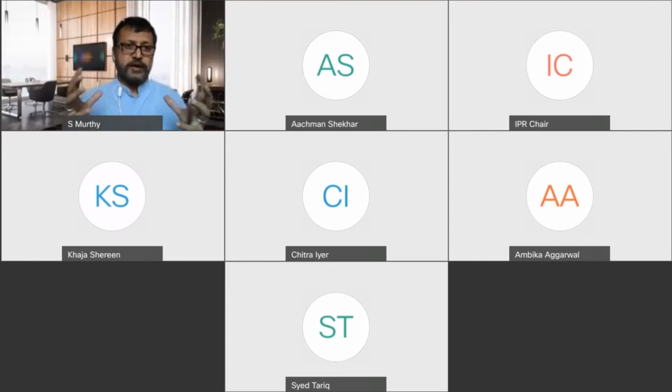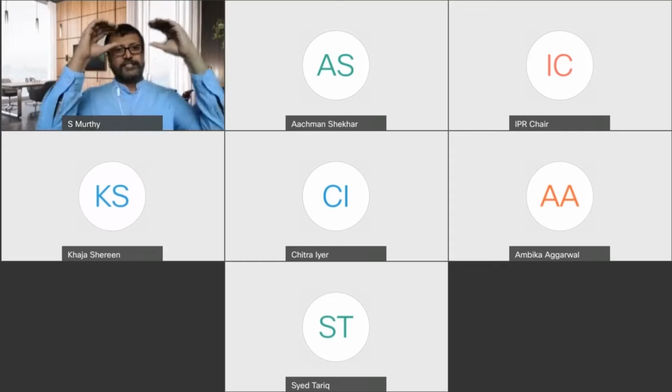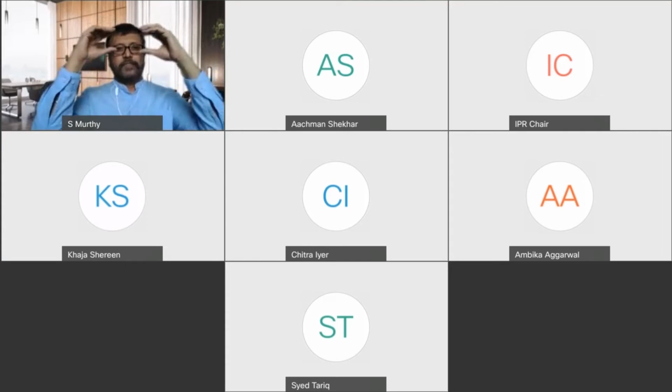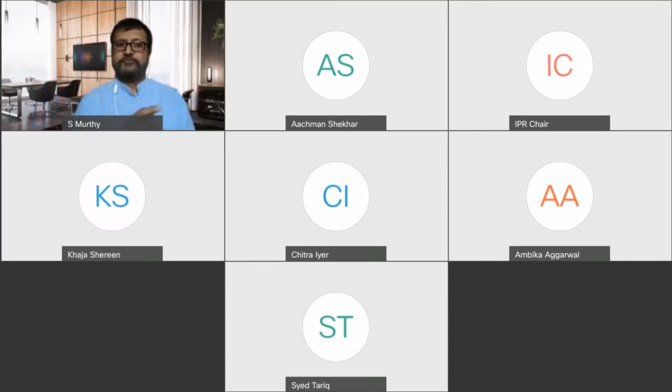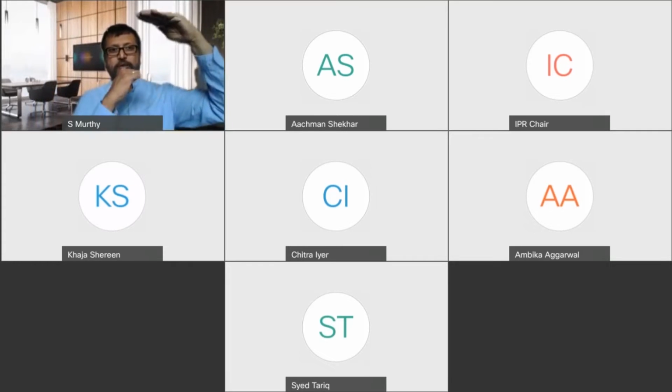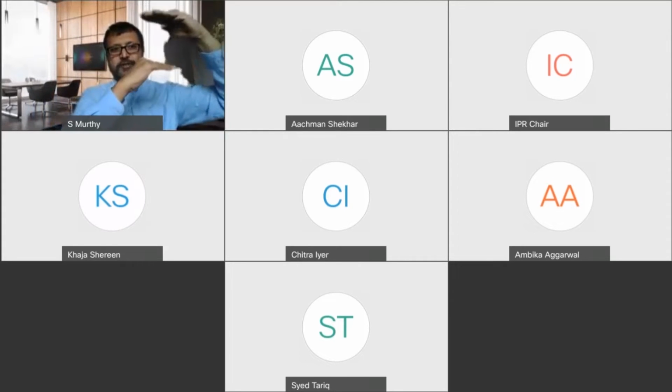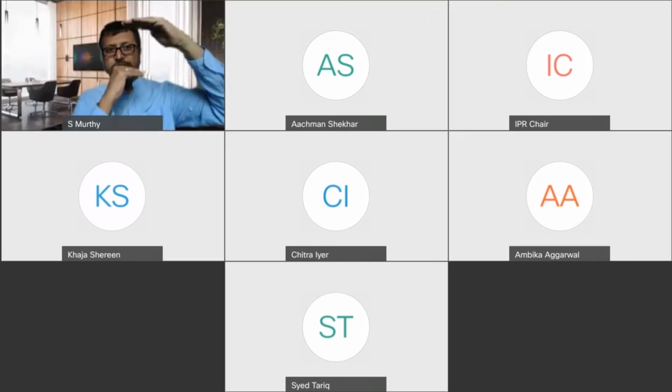Now, all these companies come together and they want to find a solution to a given standard problem. In case of 5G, I'm making it very specific so that it is easily understandable. In case of 5G, ITU, International Telecommunication Union, would set a specification. Okay, this is what 5G should look like.